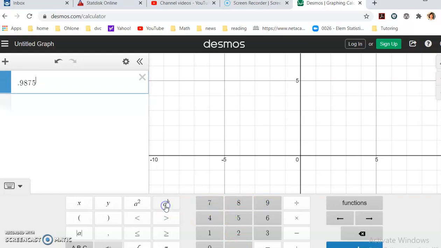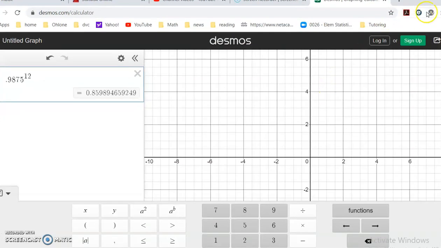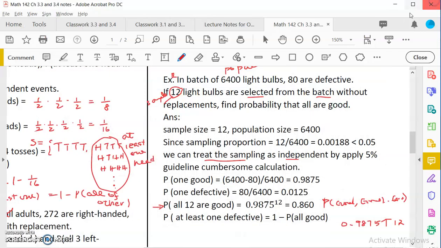Do the A to B, and it would go up, right? 12 times. Equal. Oh, you don't have to say equal. So that's the answer. Rounded to 3 places, 0.860. So that's how you do it.